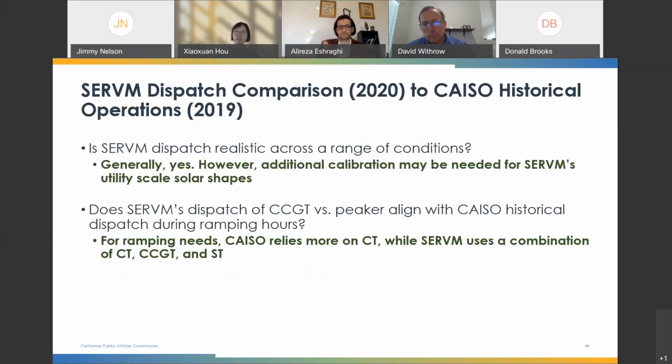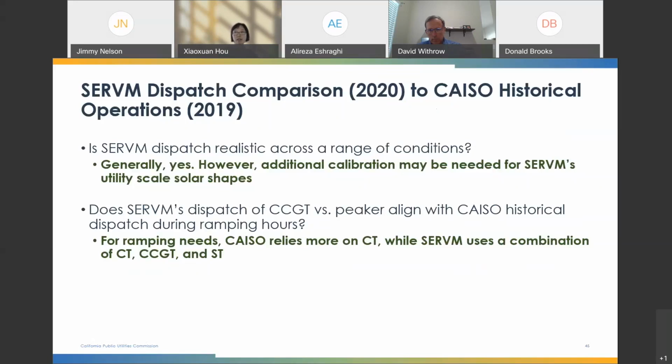Going into the first question, we compared SERVM's monthly average dispatch to CAISO's monthly average dispatch and saw that the dispatch patterns from SERVM are broadly reasonable. We did note a question on SERVM's utility scale solar shape, and that will show up in the next slide.